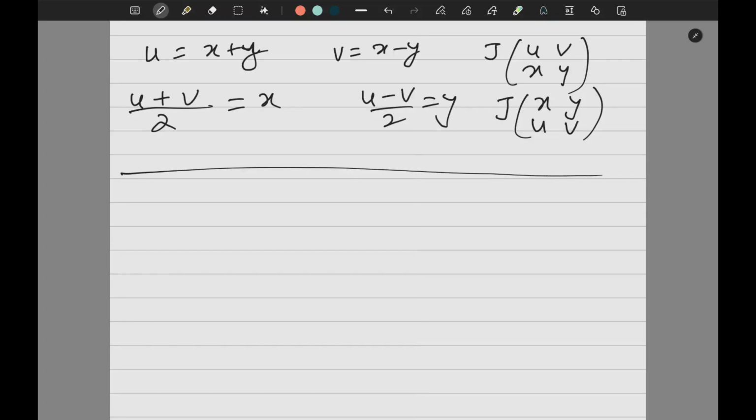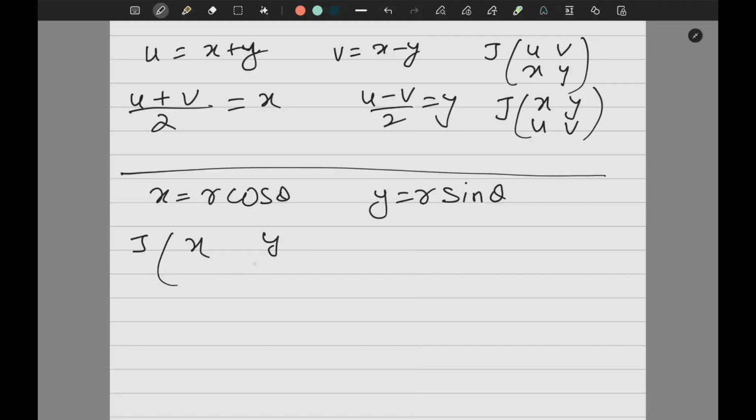Then the next question is x is equal to r cos theta and y is equal to r sin theta. So you find out j as x, y with respect to r, theta and j dash as r, theta with respect to x, y. Now here you have to do a little bit of work. This part is so easy.